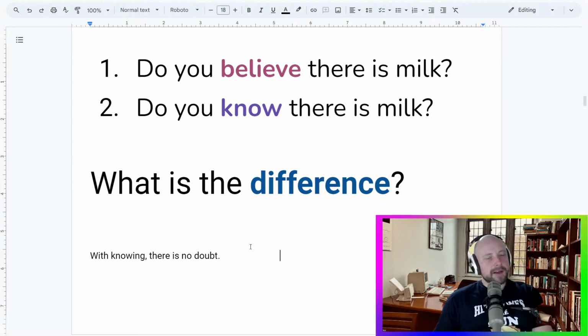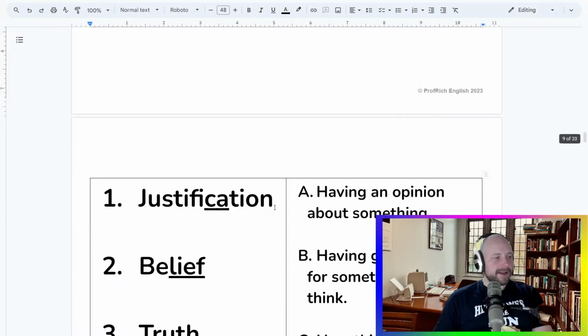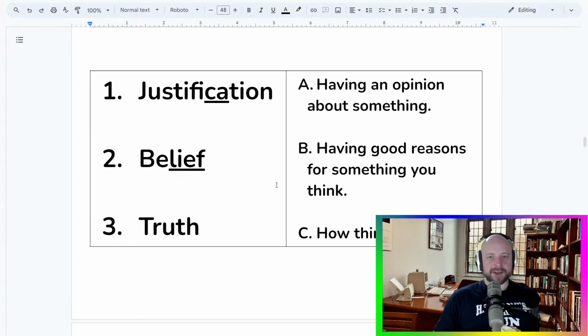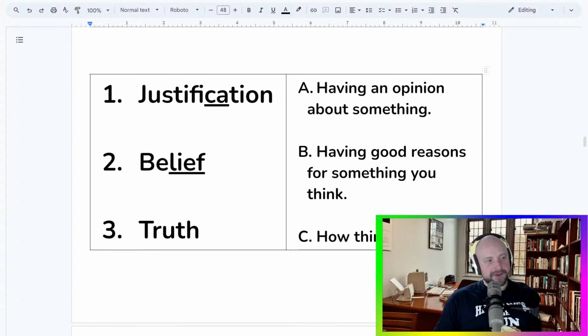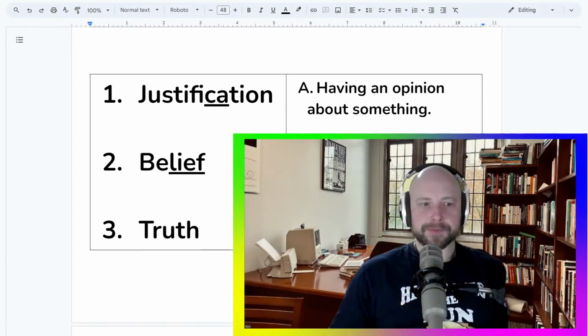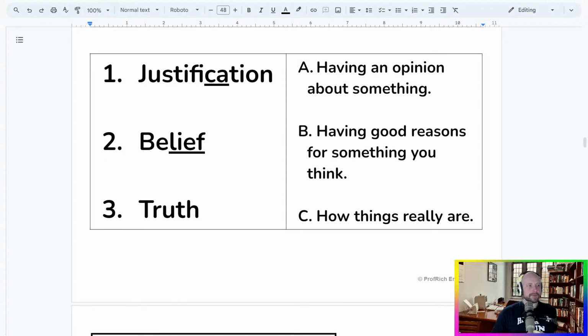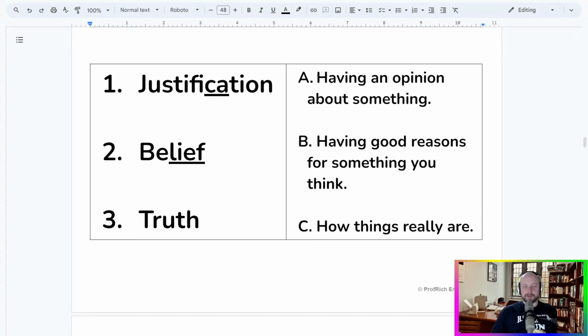In order to understand knowledge, we need to understand these things. We need to understand justification, belief, and truth. So here's a little matching task for you. Justification, belief, and truth.